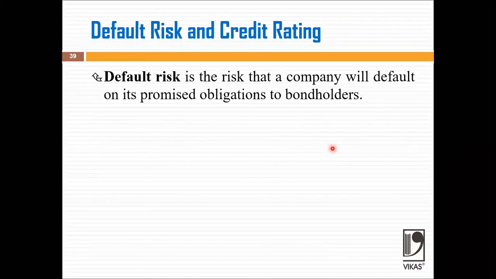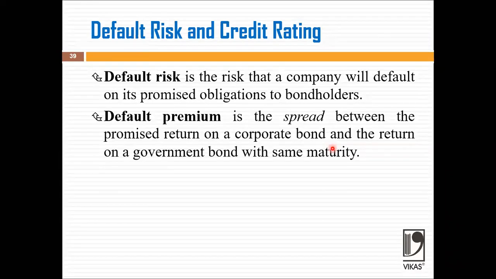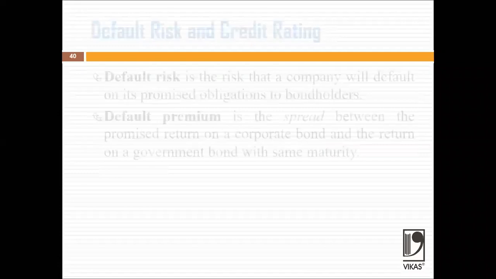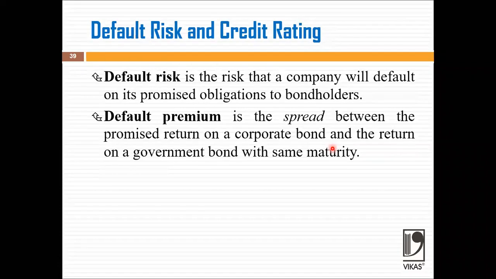And default risk and credit rating. Default risk means the bond issuing entity fails to pay its principal amount. If you give a loan to your friend and your friend fails to repay that principal amount, there's a default risk.